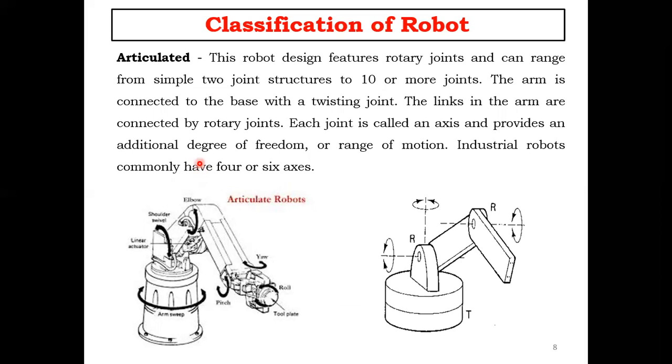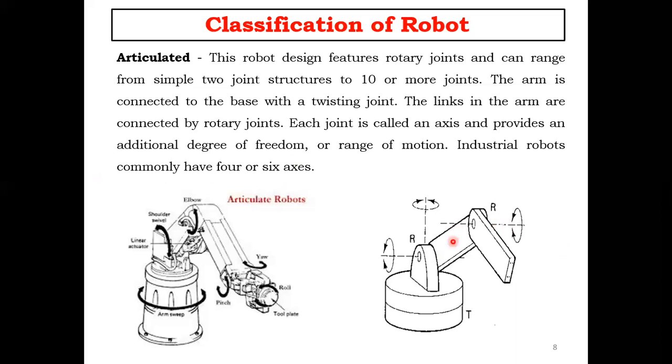The arm is connected to the base with a twisting joint. The links in the arm are connected by rotary joints. Each joint is called an axis and provides an additional degree of freedom or range of motion. Industrial robots commonly have four axes or six axes.